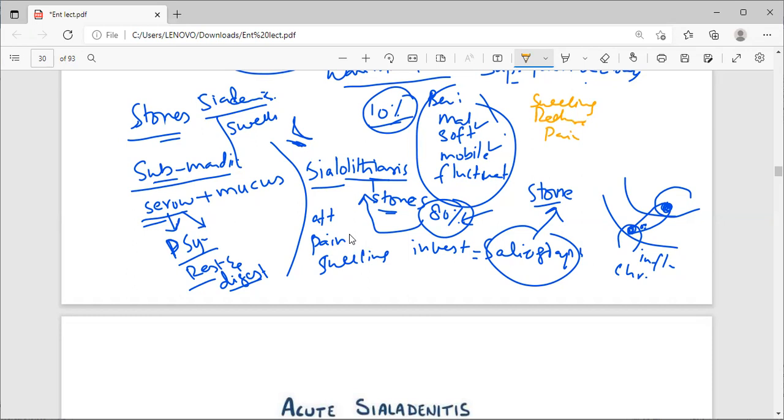This is because of bacteria or virus. So you see, one is chronic inflammation because of the stone, and the other is acute inflammation, or it could be chronic, because of bacteria or virus. The bacteria and virus one is called sialadenitis, and the one because of the stone is called sialolithiasis.